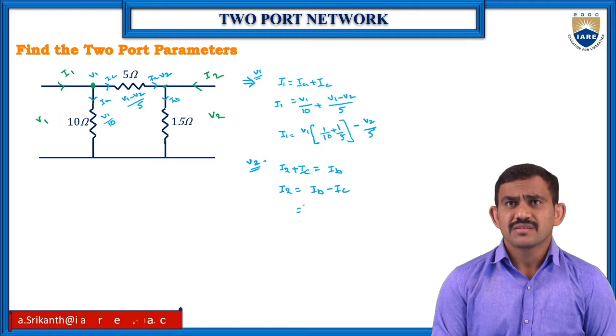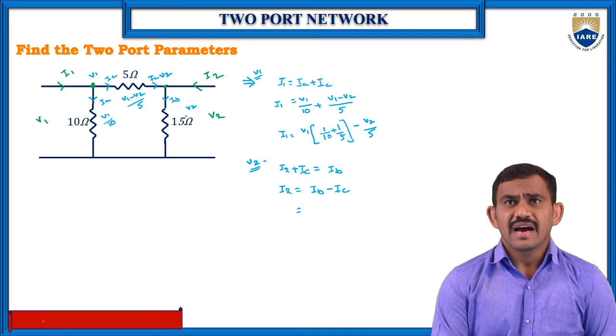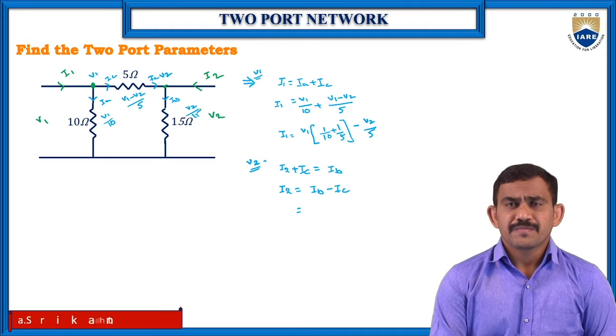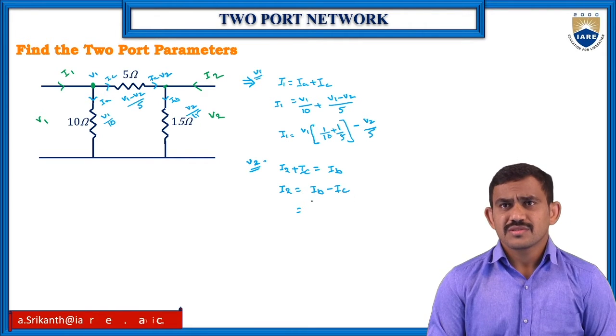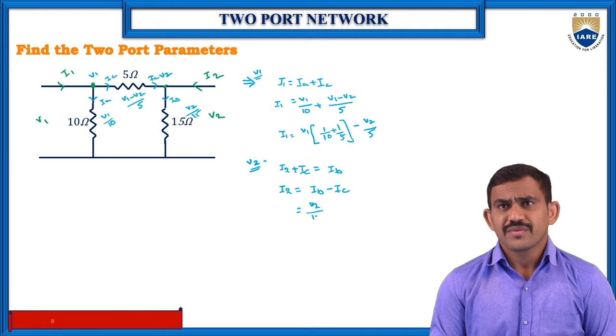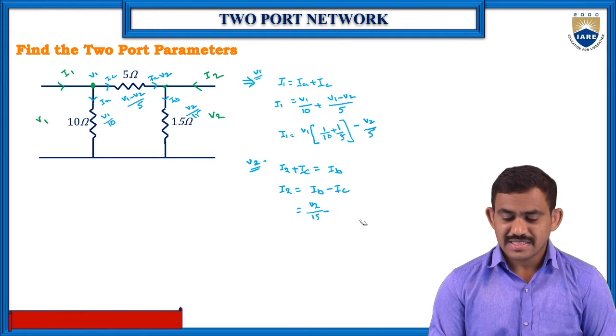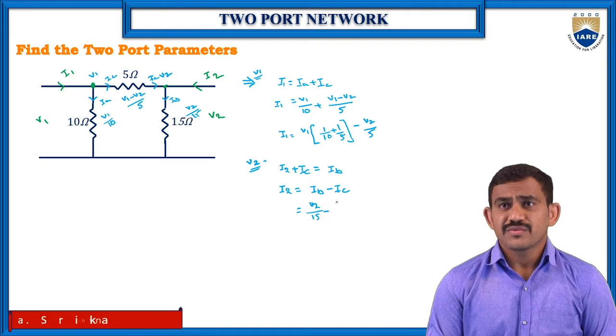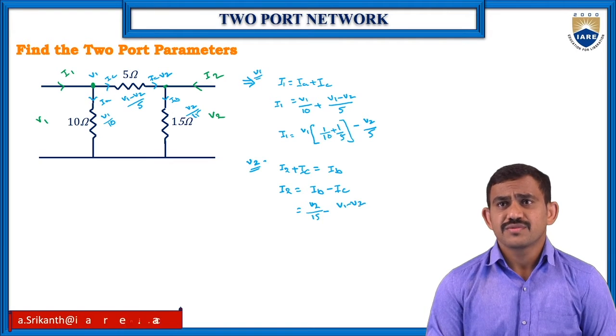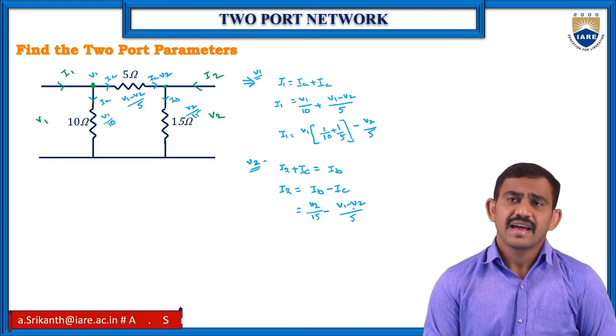Then substitute those values. So what is the IB value here? The voltage is V2 and the resistor is 15, so that is your IB value. So just substitute those values here: V2 by 15 minus IC. What is your IC value? IC value is V1 minus V2 by 5.